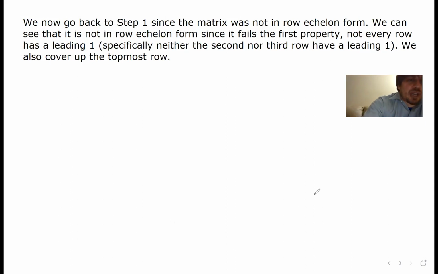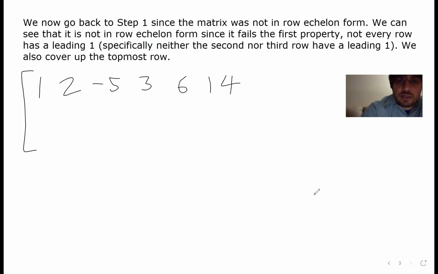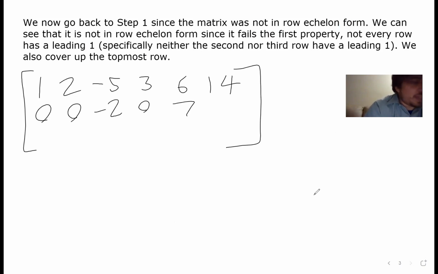Okay, it's important to know what's happening in step 5 as we do it. Our matrix is 1, 2, -5, 3, 6, and 14. That's the first row of the entire matrix from the beginning after it's been reduced from the first 4 steps. So we have this matrix here.